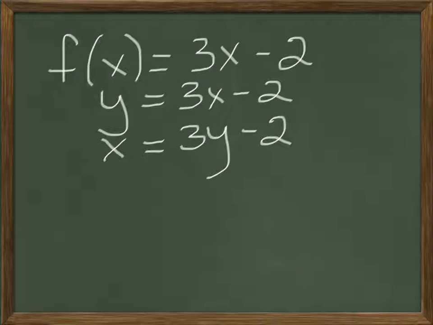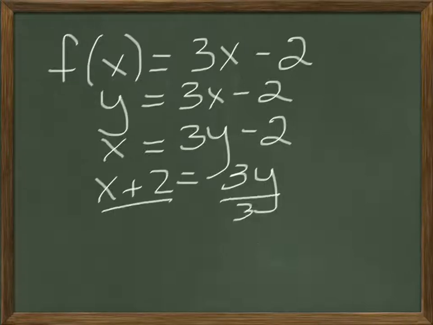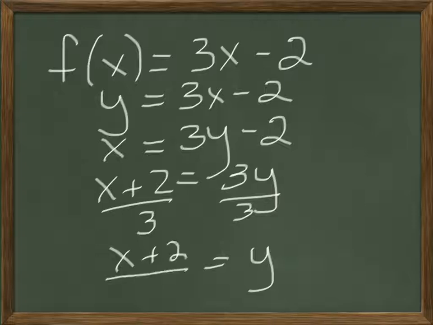Our third step is to solve for y. We're going to add, in this case, 2 to each side, and then divide each side by 3 to get y by itself, hence solving for y.